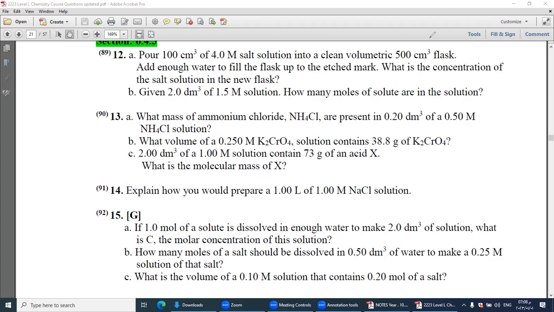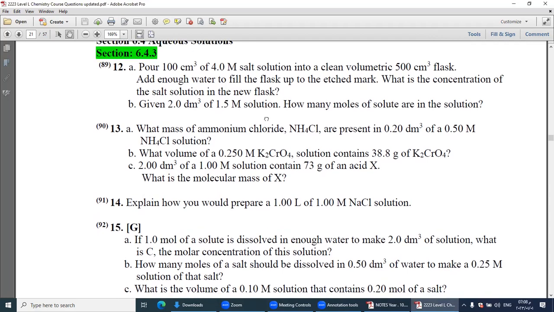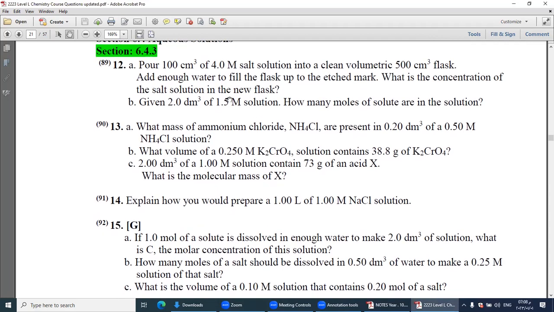If you want to get the number of moles, what should we convert the units to? For number of moles, it will be moles. For the mass, grams. For concentration, molar. For volume, decimeter cubed or centimeter cubed. It depends on what do you have.